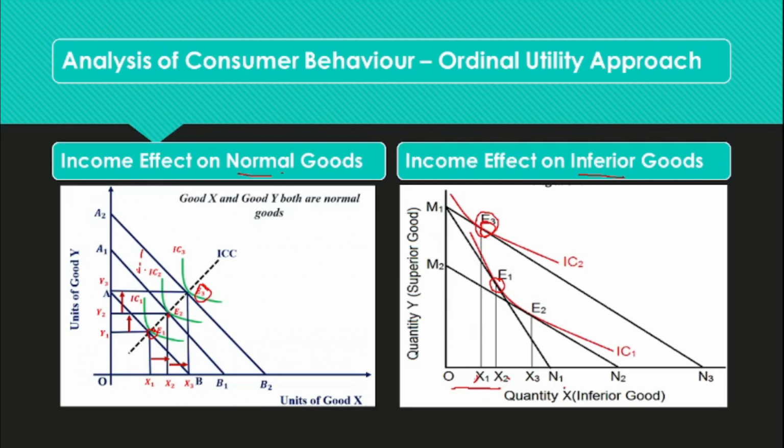So what happens here? We see that with increase in income, the quantity of the inferior goods that you were purchasing decreased. So the consumer is here actually decreasing his demand for the inferior goods. That is where the equilibrium is.